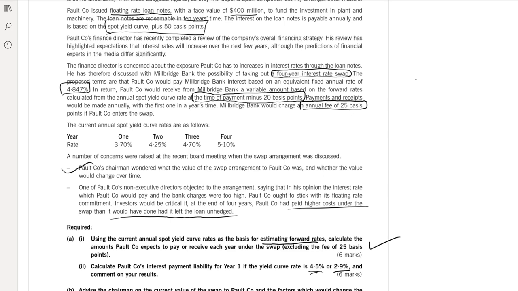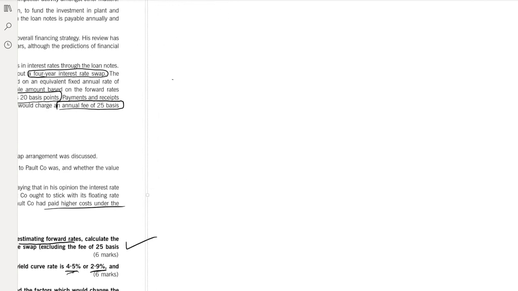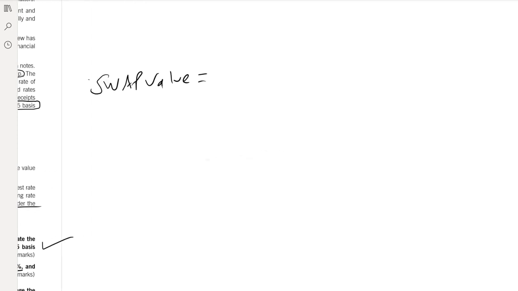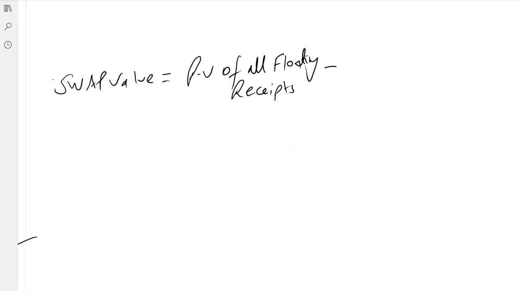So let's start with the A part. Actually, we all know from the basics that the value of the swap is zero at the start of the contract, and this is equal to the present value of all floating receipts minus the present value of all fixed payments.